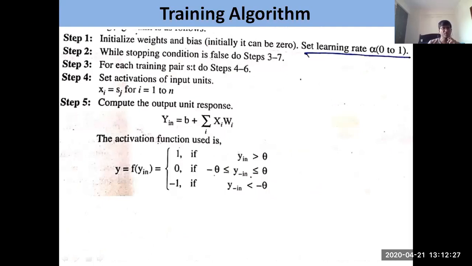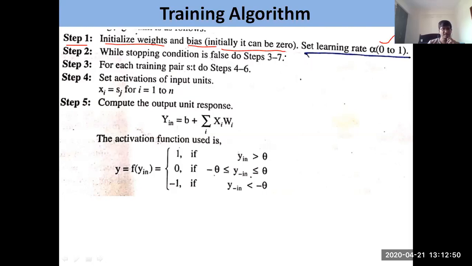As we all know, step 1 or the initial step talks about the initialization of weights. Either the weights would be given or they can be initialized. So we would be initializing the weights and we would be initializing the bias. For simplicity in our example, we would be taking all of these values to be 0. And then we can have a learning rate, which also gets initialized between the value of 0 and 1.